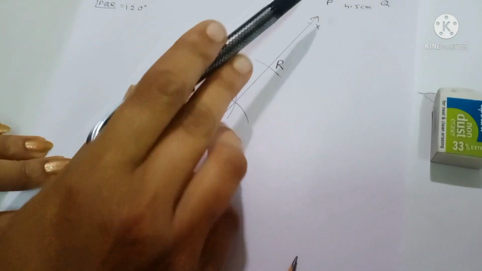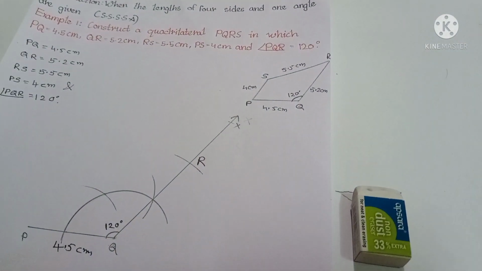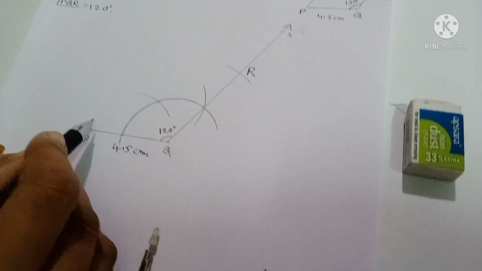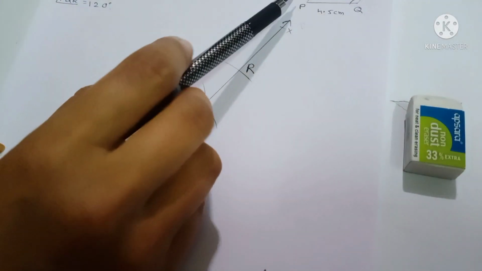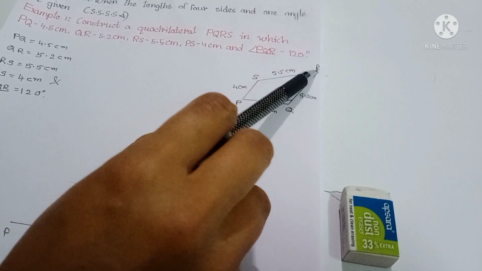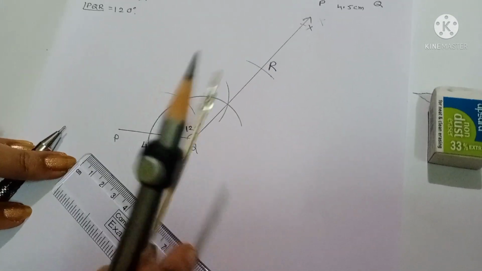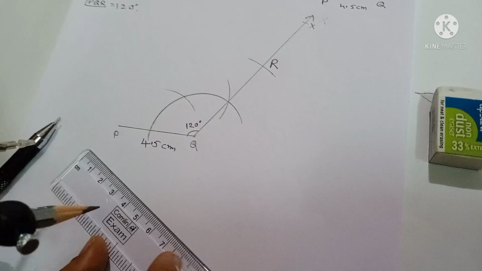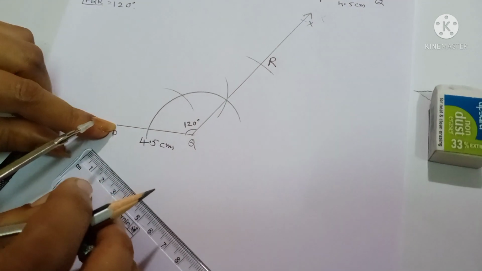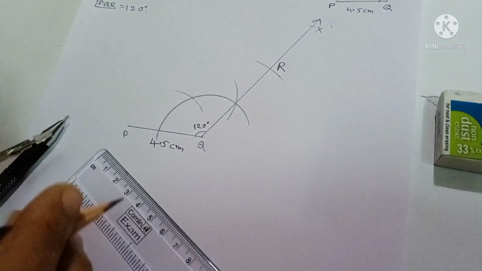Next, we locate the fourth vertex of this quadrilateral by using the given measurements PS equal to 4 centimeters, RS equal to 5.5 centimeters. We draw two arcs, one from this center, one from this center.